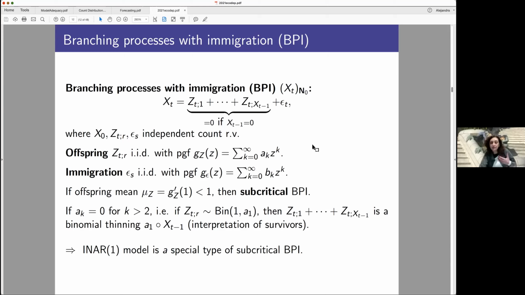So if the mean of the offspring distribution is smaller than 1, then we will have a subcritical branching process. And in that case, we have a stationary distribution.